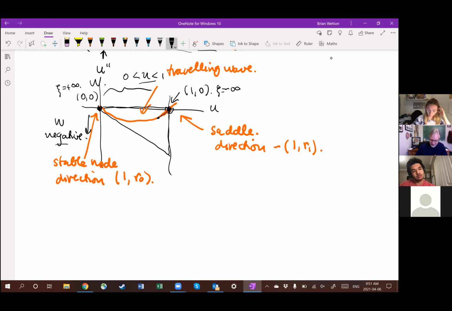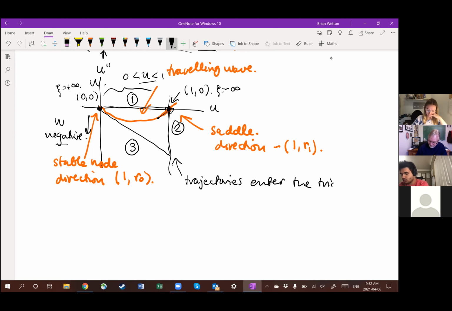Now I've got 3 sides of the triangle here. And what I'm going to show is that the trajectories enter the triangle on all sides.